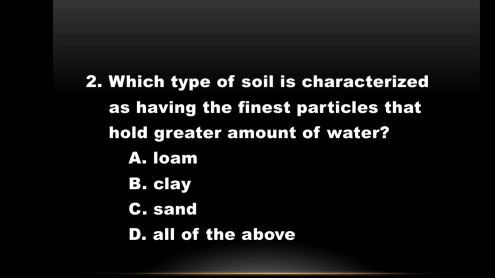Number 2. Which type of soil is characterized as having the finest particles that hold greater amount of water? A. Loam, B. Clay, C. Sand, D. All of the above.